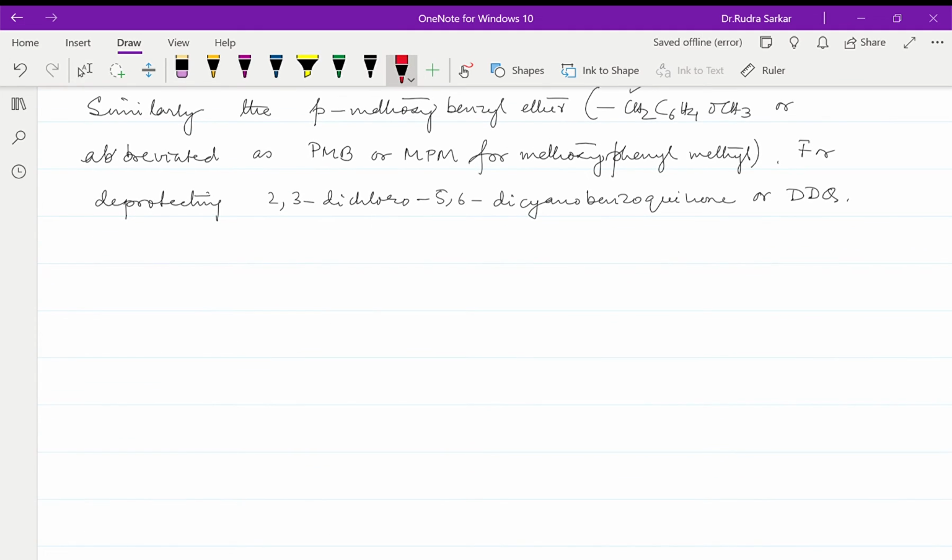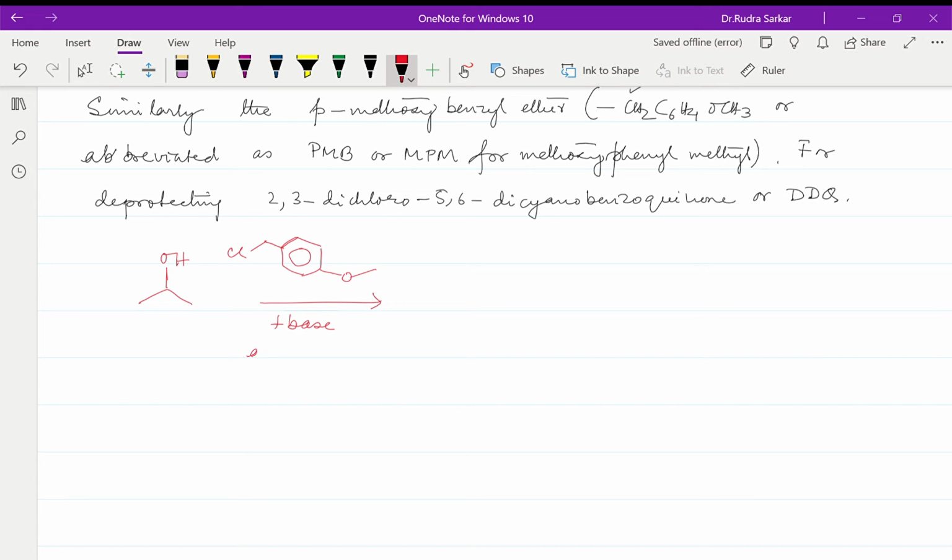So let us demonstrate this reaction using line diagrams in which our protecting group is as shown. This is the structure of the protecting group. Again, we will use the base for similar reasons.